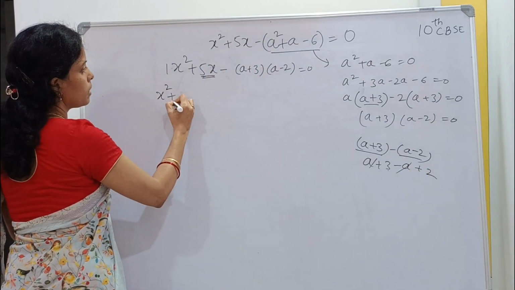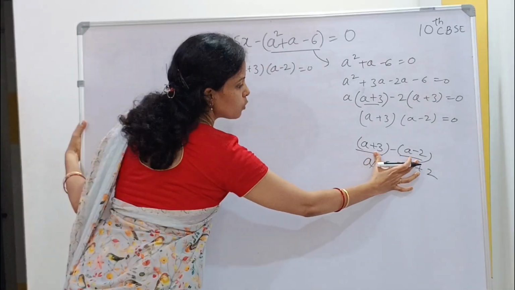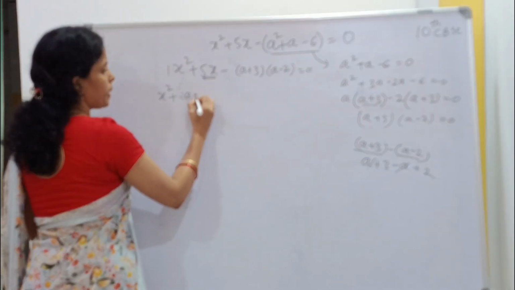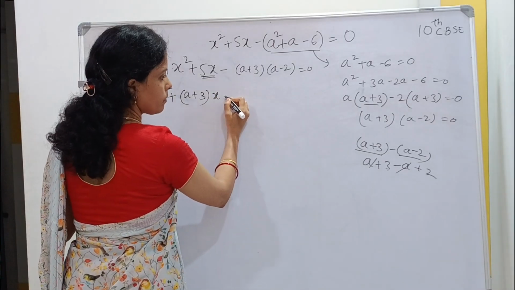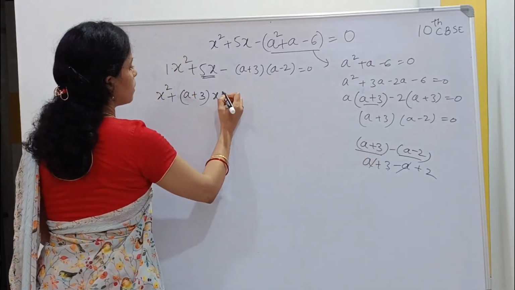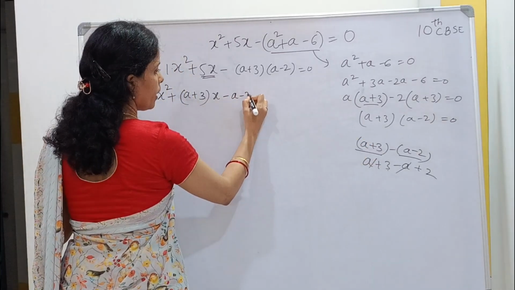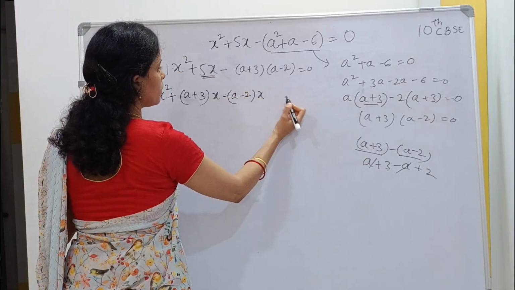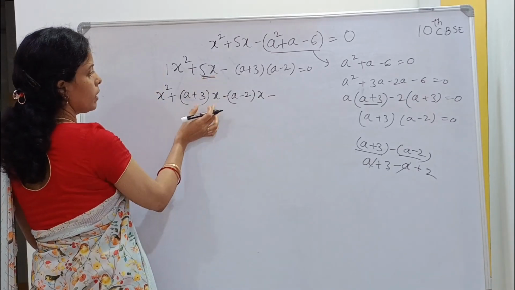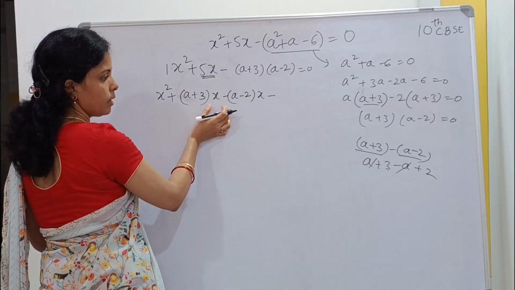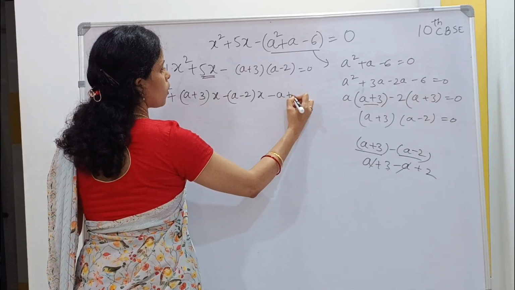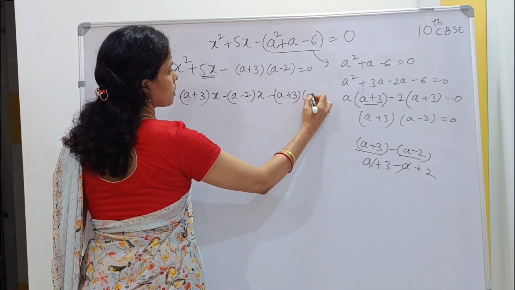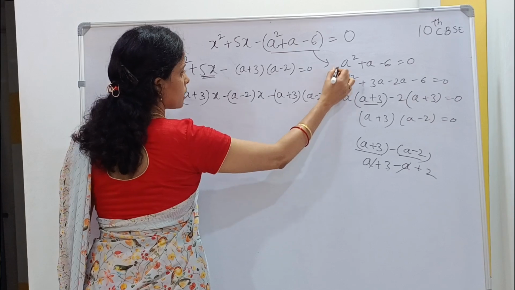X square plus, instead of 5x, let's substitute this: (a plus 3) into x, and one more term minus (a minus 2) into x. So this 5x is written in the form of (a plus 3) into x minus (a minus 2) into x, and let's continue the same constant part, 0.